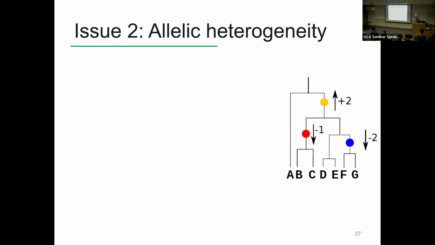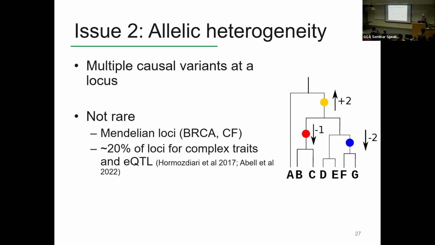The second issue is allelic heterogeneity that I talked about before. This is when you have multiple causal variants in the same locus, and you can get unlucky in GWAS and find something that, for example, is in LD positively with one risk variant and negatively with another, and the signals cancel out. That's not a rare condition at all. In fact, if you look back at the linkage era, linkage mapping is totally robust to this, and it's super common for old linkage loci found for Mendelian traits.